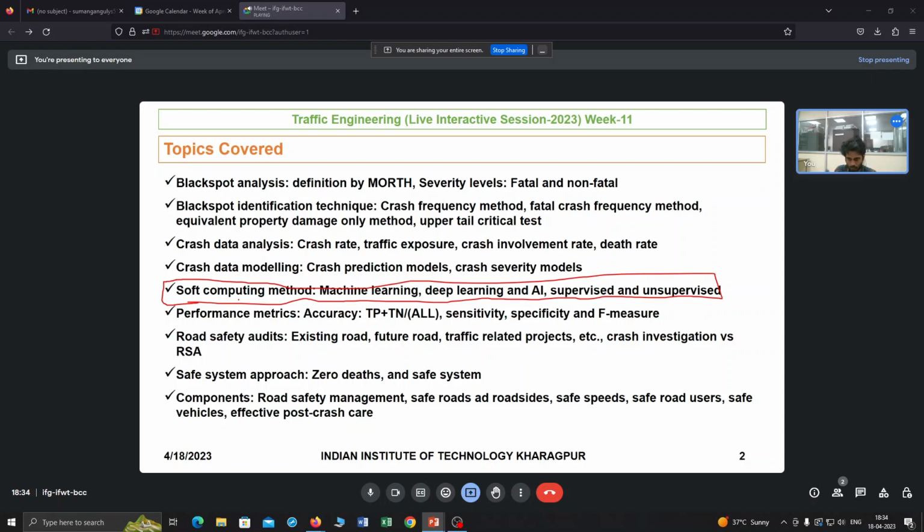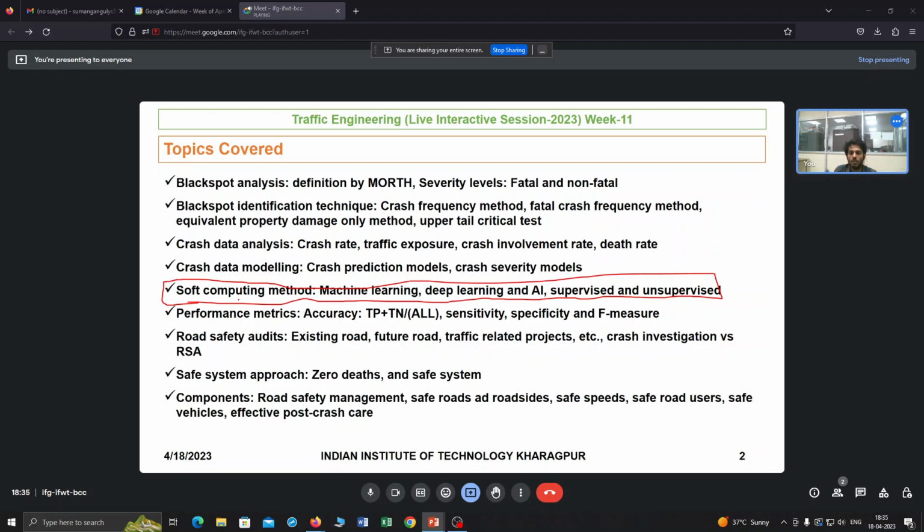These are mainly reactive measures, because after you get the data, you are doing something. Although crash data prediction may not fall under reactive measures, generally it's a reactive case.